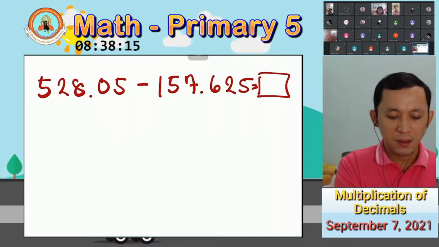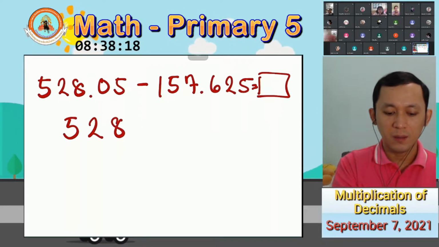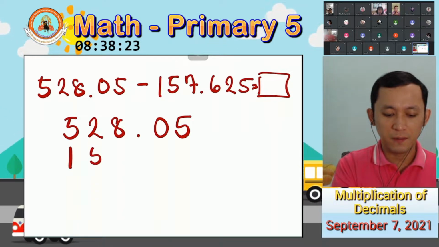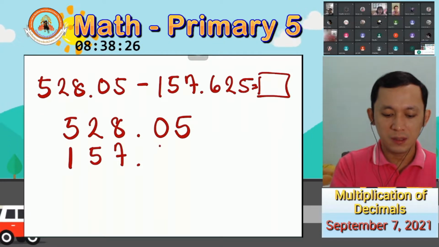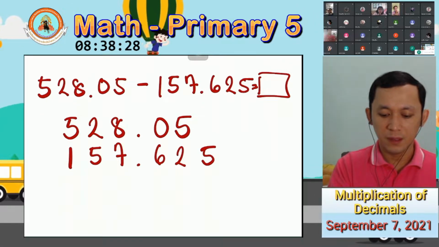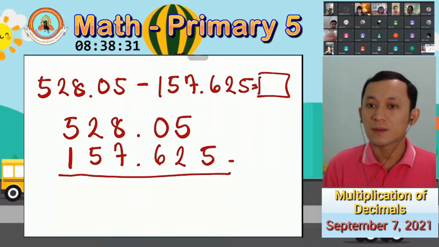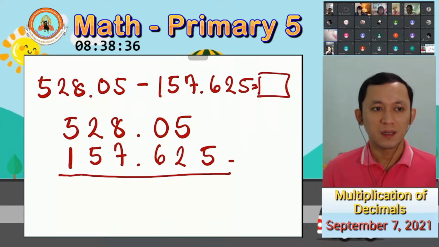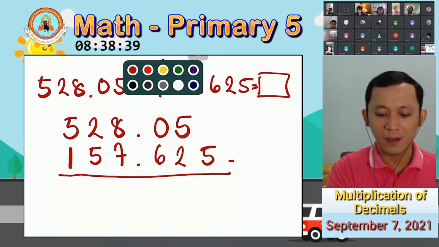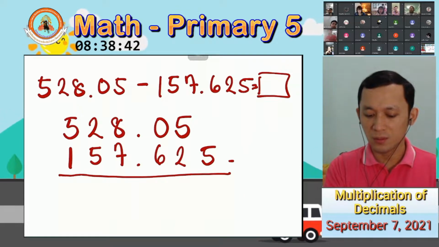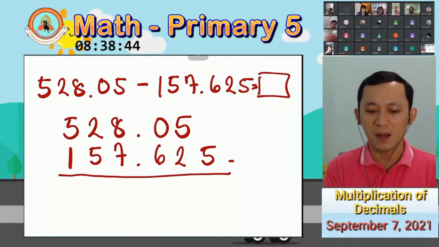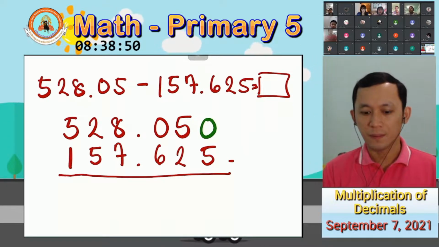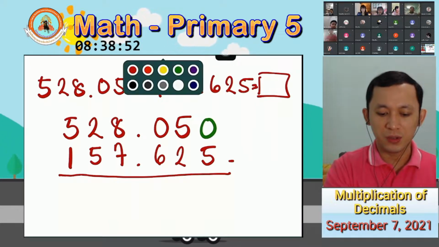So let's write this, 528.05 minus 157.625. Is this correct? Yes or no? Yes, this is correct. So again, we have empty spaces or vacant spaces on some of our place values, so we're just going to add 0. Now let's subtract the numbers.